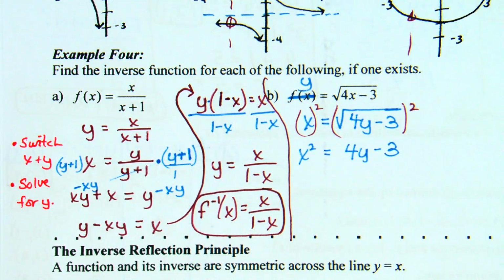How do we solve for y? Add 3, and then divide. So we'll start by adding 3. I'm going to flip it as I go here. So now I have 4y equals x squared plus 3.